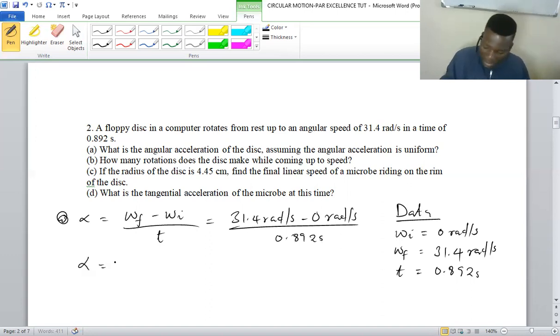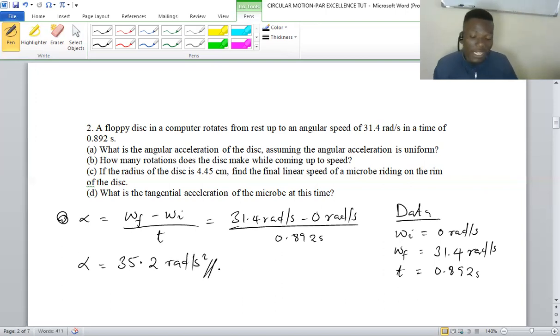So angular acceleration is going to be 35.2 rad per square second. Make sure you don't forget the SI units. They are very important. Okay, then you are done with question A.